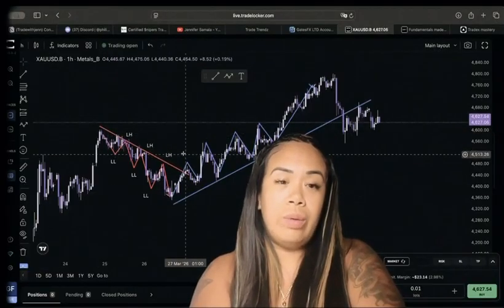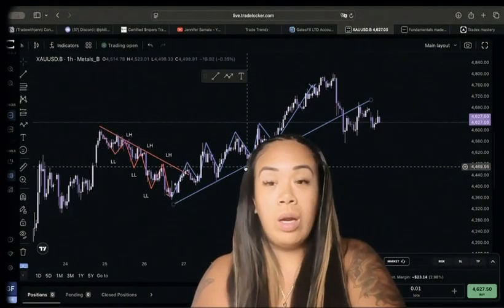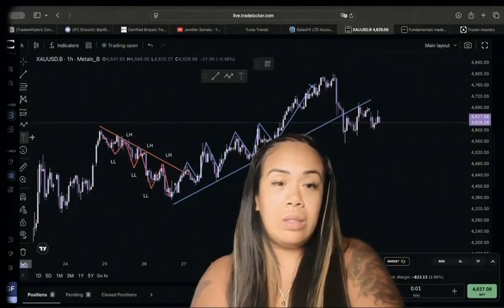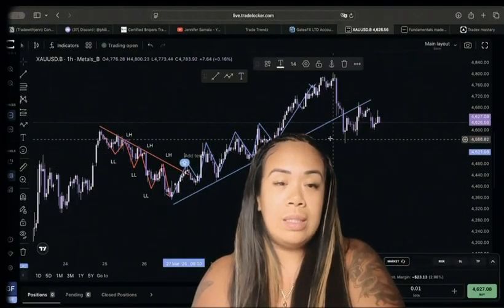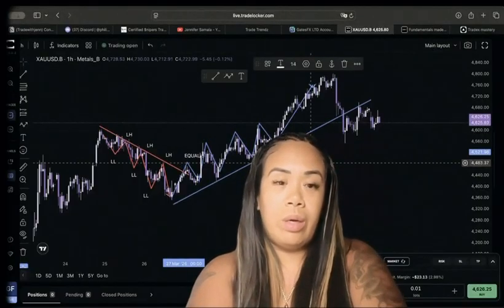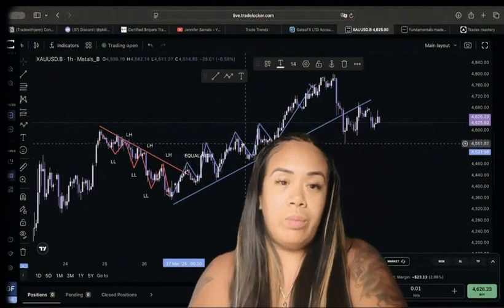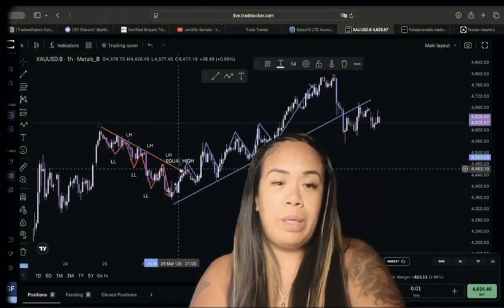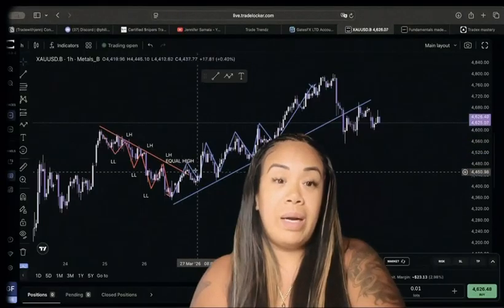Next thing you know, we're having a change of character where the market does start going up. Not to get things confused, make sure you always label them. This right here is considered an equal high. What makes it an equal high is that these two are pretty much the same height.